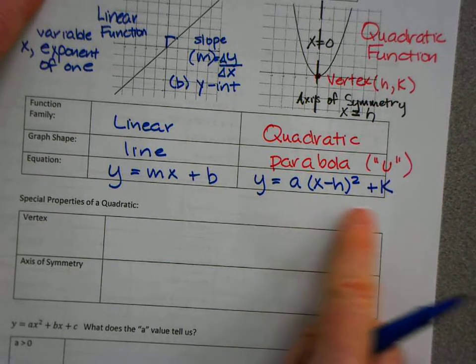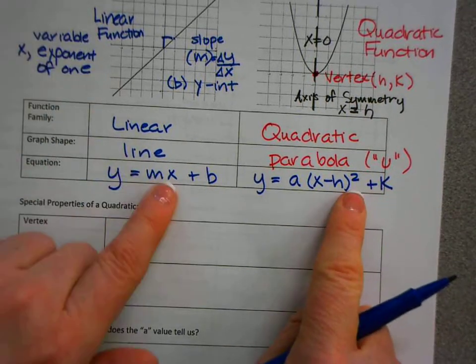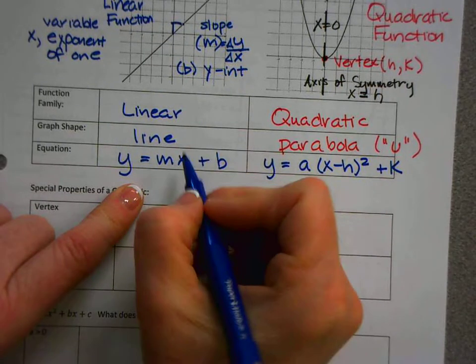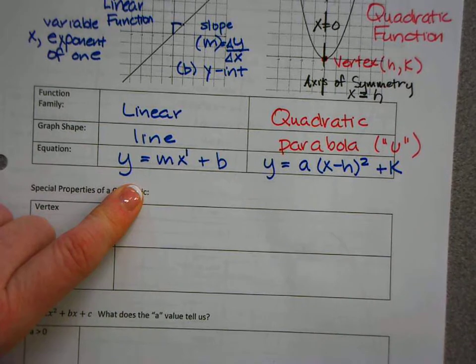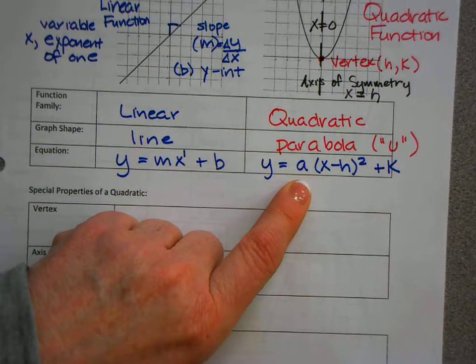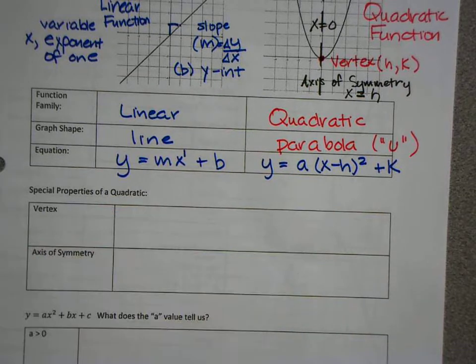What we see in the difference between the line and the quadratic is that the line has x to the first power, where a quadratic has x to the second power. That is the key difference between a line and a quadratic.